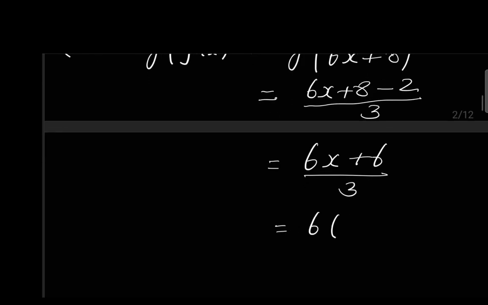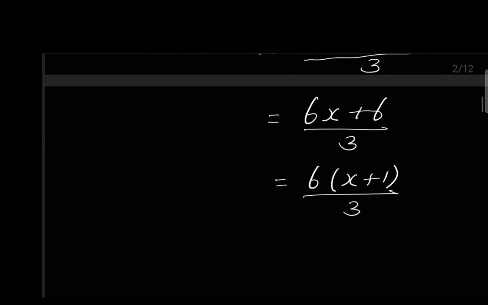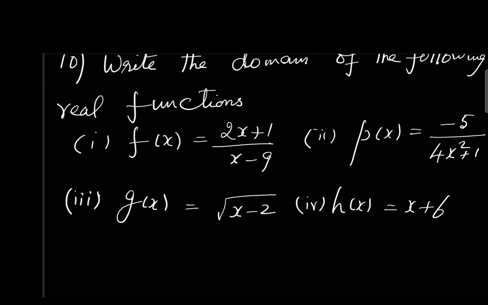Take 6 as the LCM: 6(x + 1)/3. 1 threes are 3, 2 threes are 6. So 2(x + 1). This is the answer.